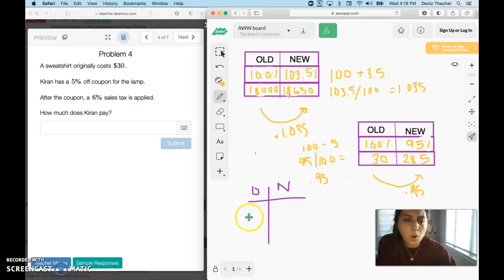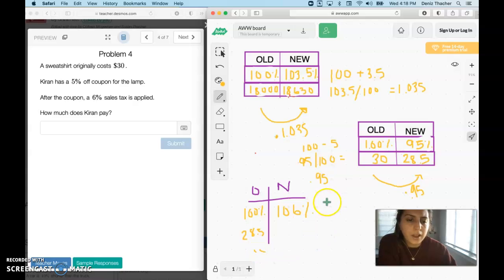Our new old, which is 100% of what you had to pay if there was no sales tax, is going to be $28.50. Since there's a sales tax of 6%, that means I'm going to add 106 to get 106%. I need to find my new COP.